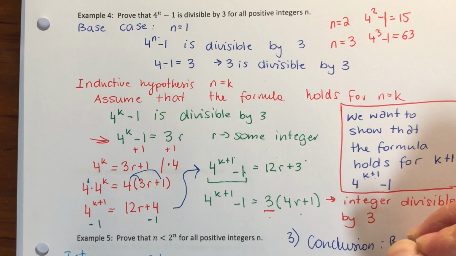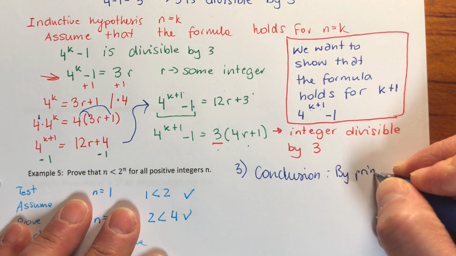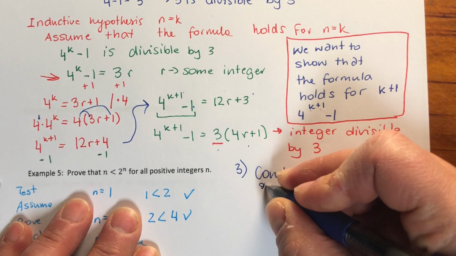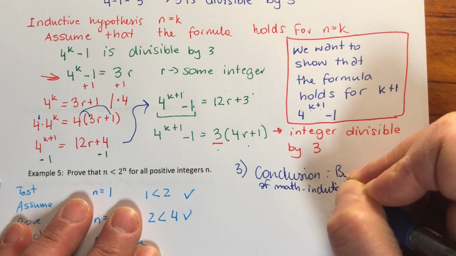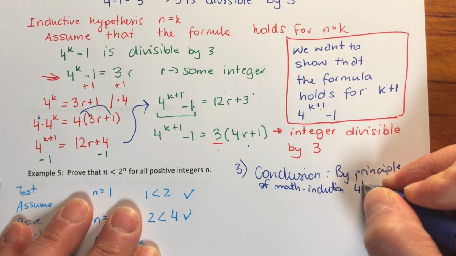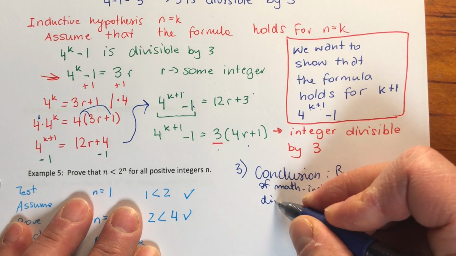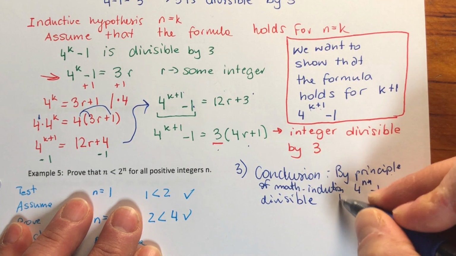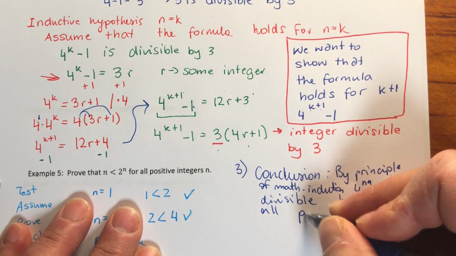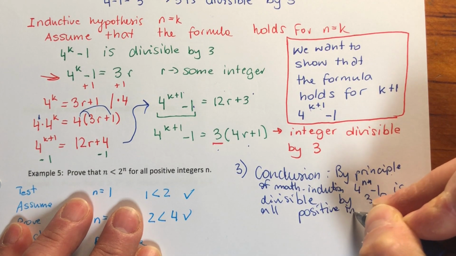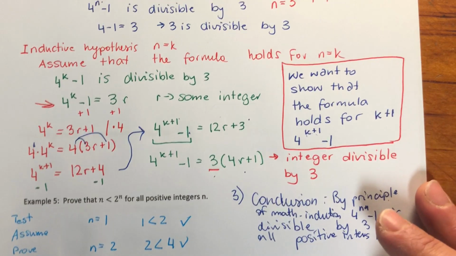By the principle of mathematical induction, 4 to the power of n minus 1 is divisible by 3 for all positive integers n.